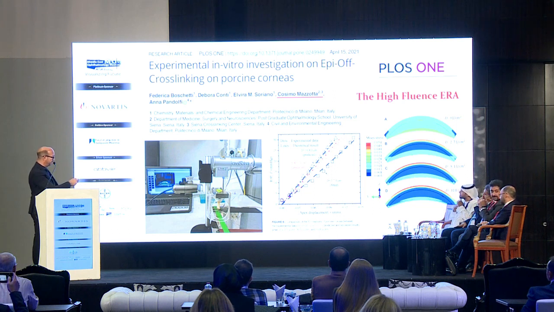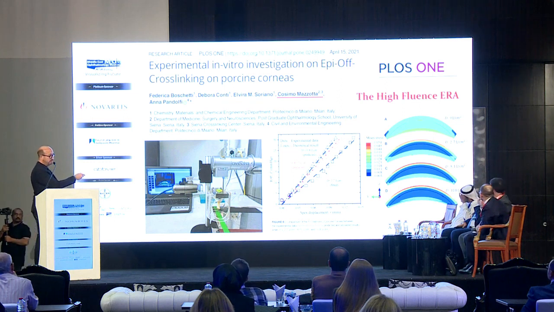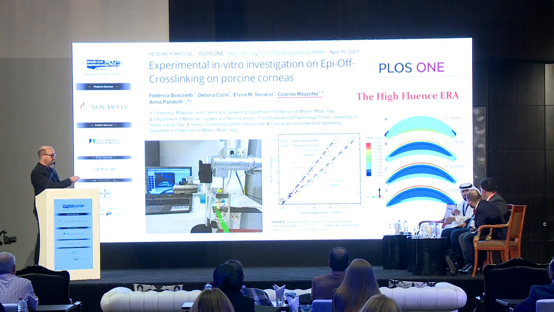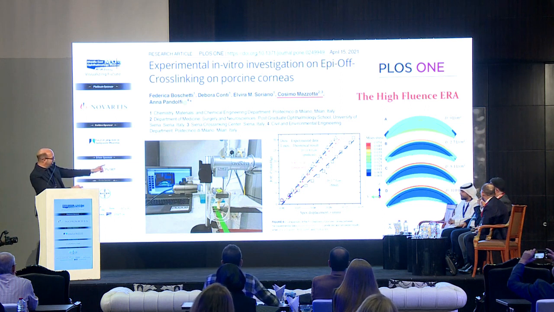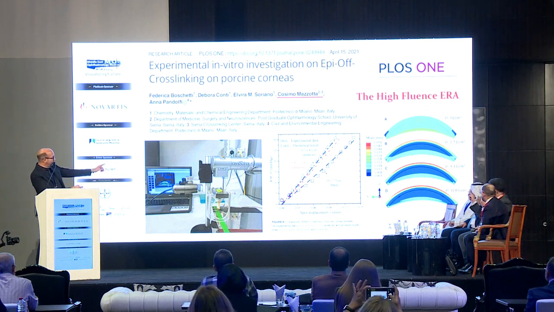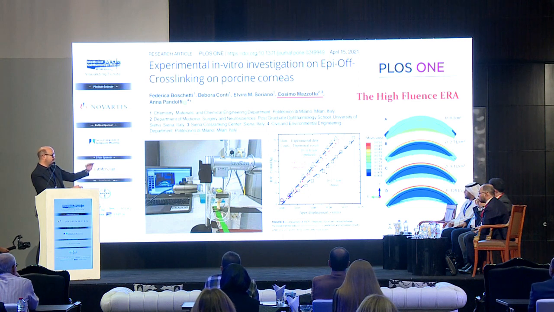This is the article that shows you that the fluence of 10 is the better way to achieve the maximum effect when you work in epi-on strategies. You can see in the graphic the red circles and the blue triangles, and you can see that increasing the fluence to 10.8, you achieve the maximum strength.